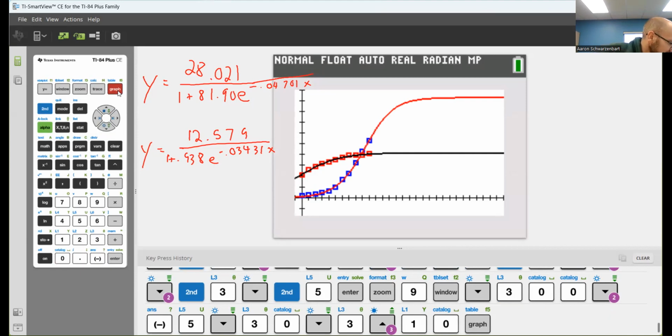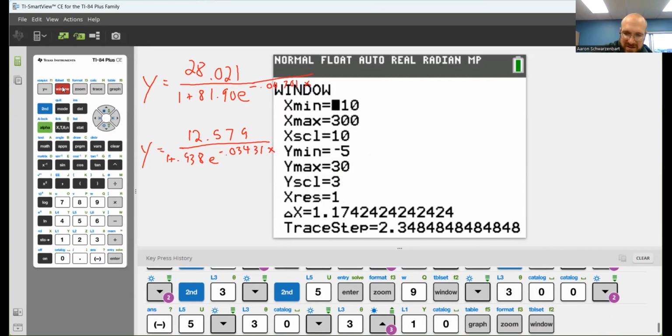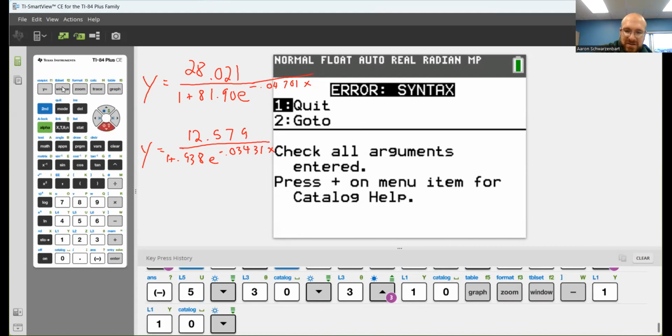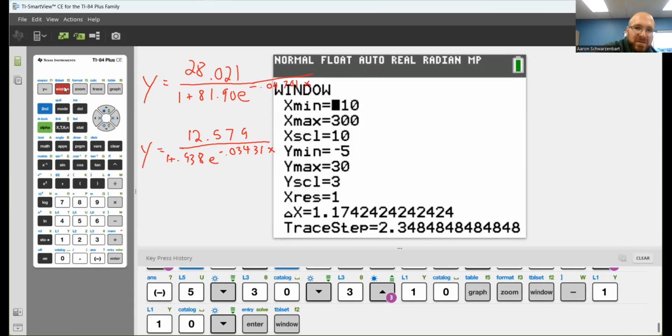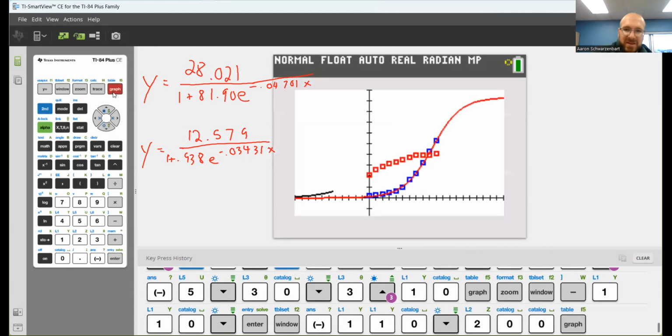I think they used 1800 in the, yeah, they used 1800 to slide the thing over. So that's why I should use a different window. Negative 110 would show it better. Oh, that would give me the same window they have.